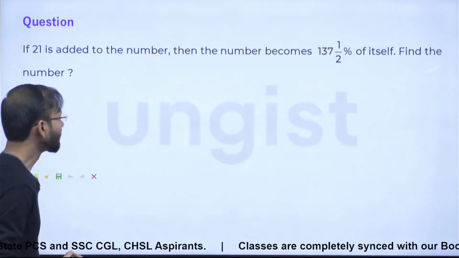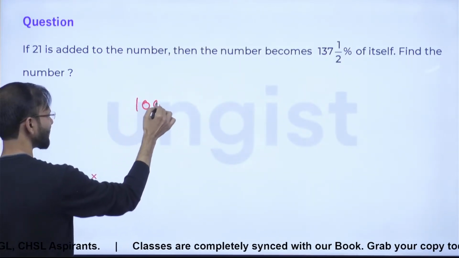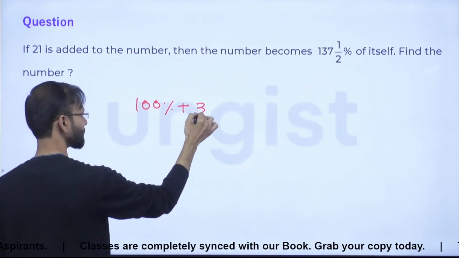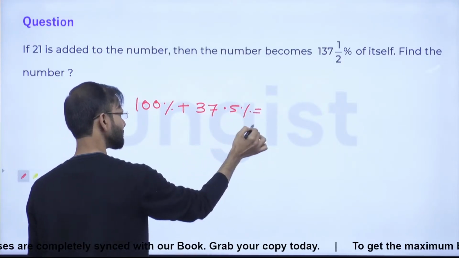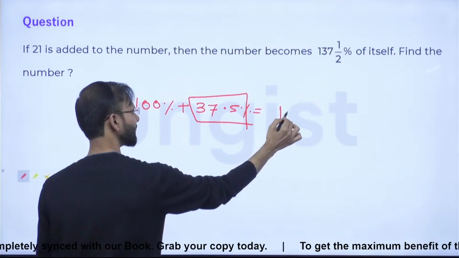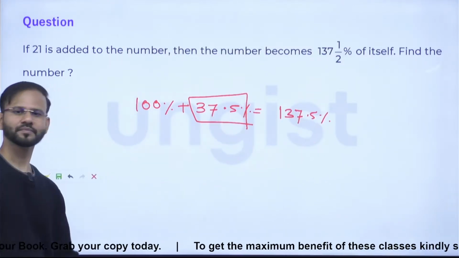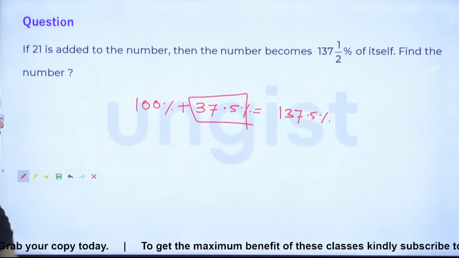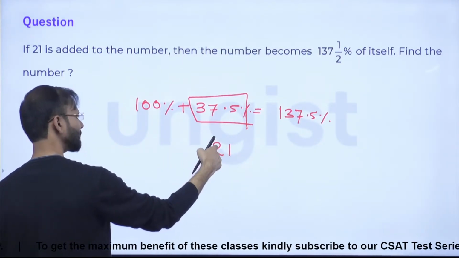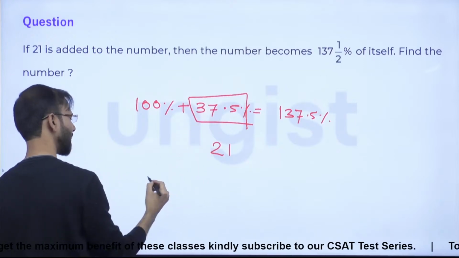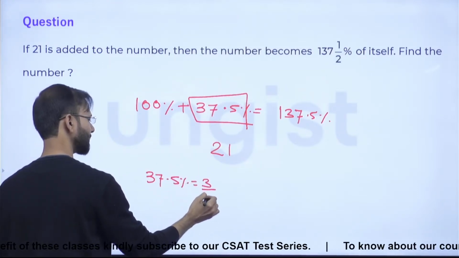देखिए, question is saying if 21 is added to the number it becomes 137.5%, right? So which means you are actually adding this value to the number to make it this. Guys, yes or no? Question is saying 21 is added to the number. So this value is equal to 21, so 37.5% is equal to 3/8.